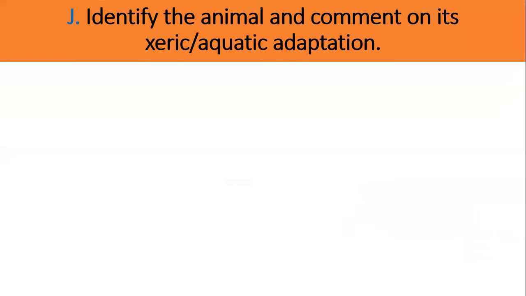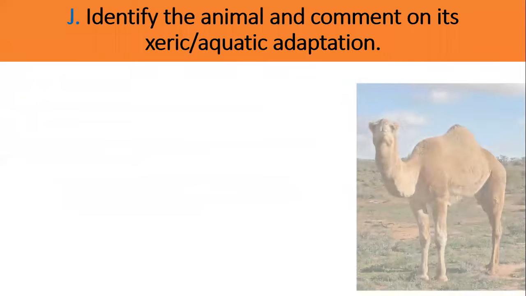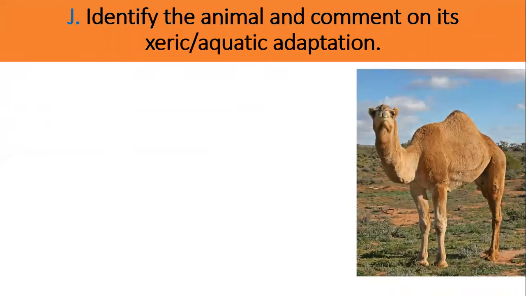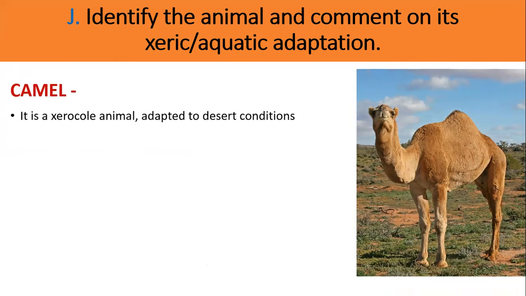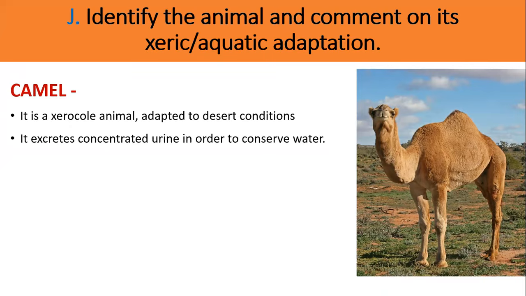Let's move on to the next spot, that is spot J. Spot J says identify the animal and comment on its xeric and aquatic adaptation. So students, you might get something like this. Now you can easily identify this animal is a camel. It is a xerocole animal adapted to desert conditions, excretes concentrated urine because it has to conserve water.